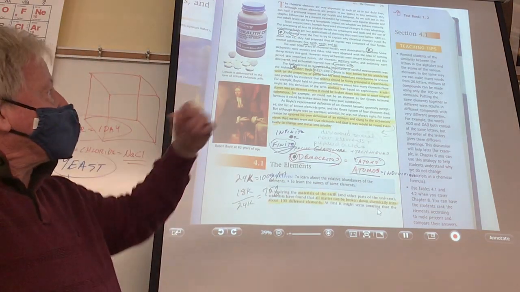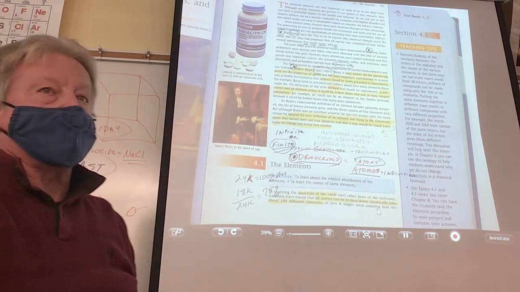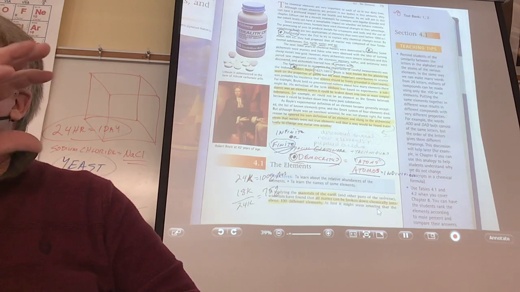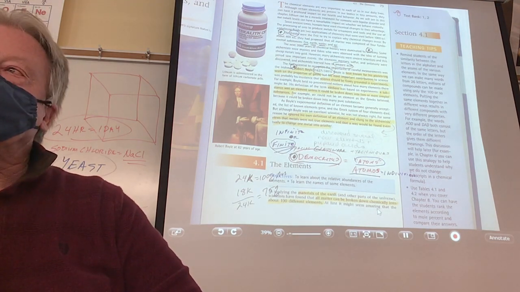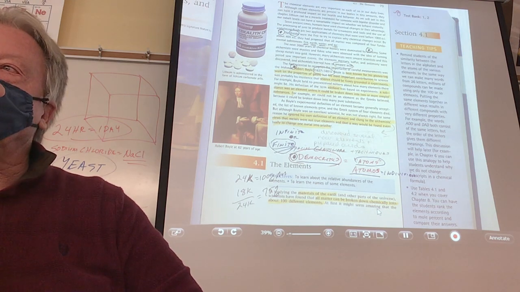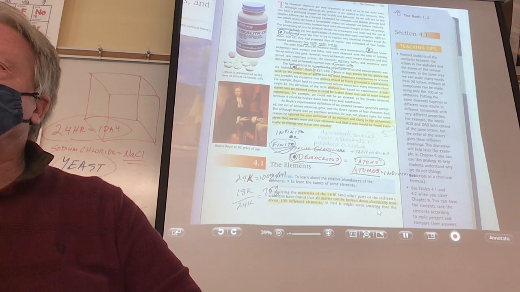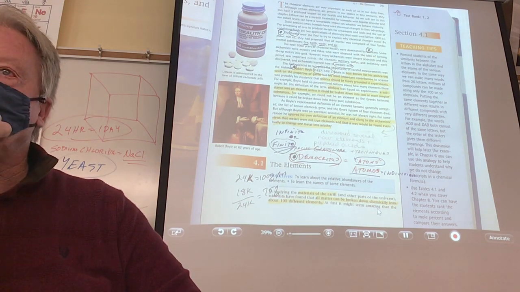Now let's look down here at the next thing. The Greeks also loved trying to answer questions. They had their periodic table, they didn't call it a periodic table, but their table of what things are made of had 4 elements. What were the 4 things that the Greeks thought everything was made of?